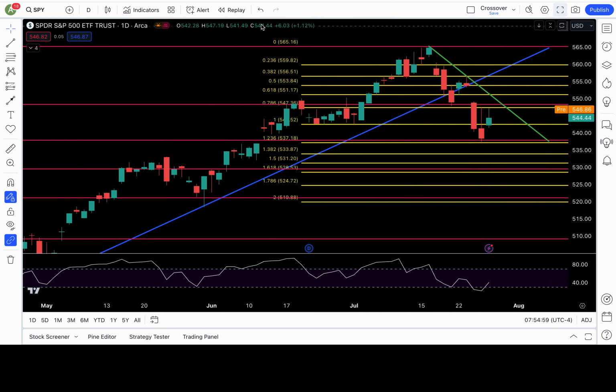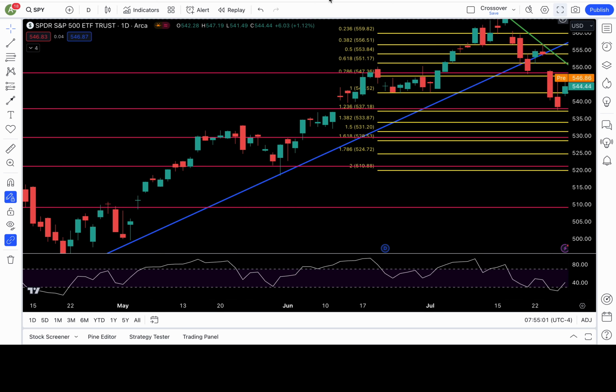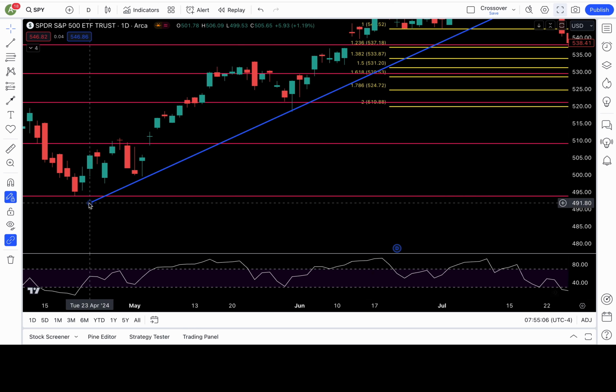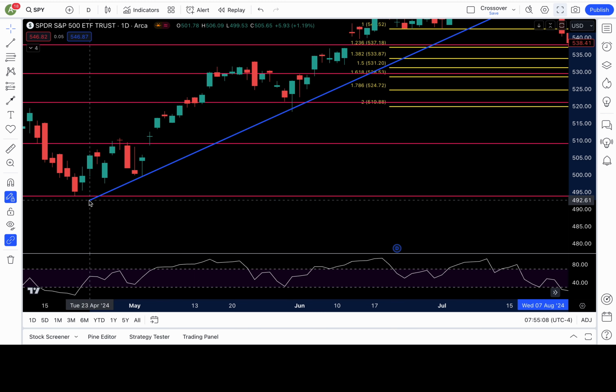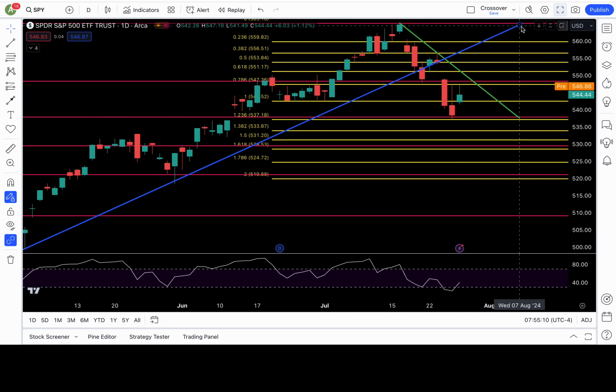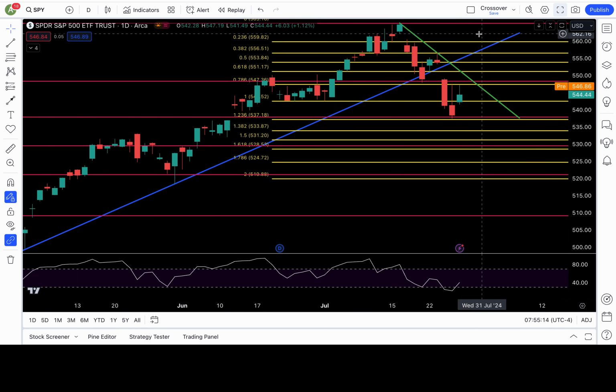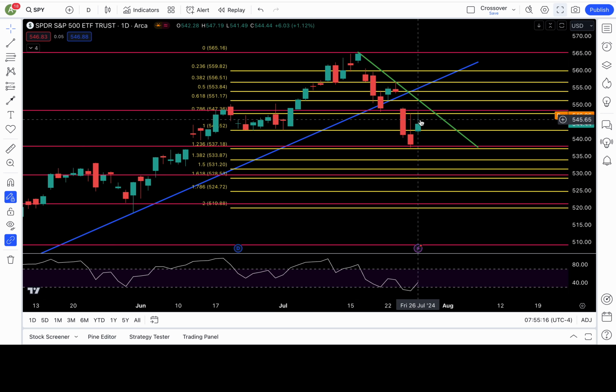Now, to recapture the blue uptrend line that we had, I just want to refine it here and make sure it's correct. There we go. Now it's looking a little more refined. To recapture that, clearing 550 is a great start, and to get a recapture, SPY needs to get above 555.5 minimum.